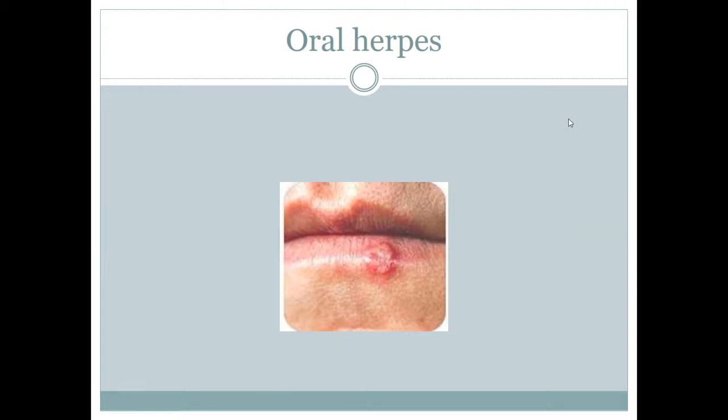Typically it's triggered by stress or sunlight in some cases, already being sick, running fever. That's where they get the name fever blisters. But every person is different in terms of what causes the virus to become active again and cause a fever blister.